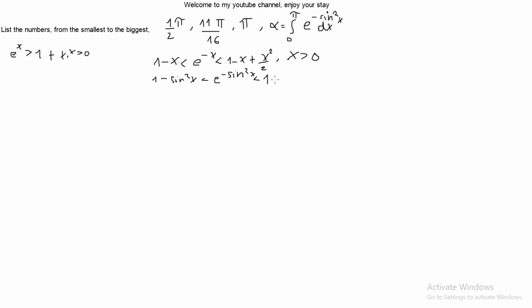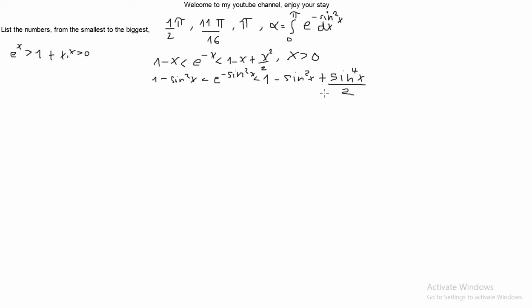And this is less than 1 minus sine squared of x plus sine to the power of 4 of x divided by 2. Okay, what do we do with this now?